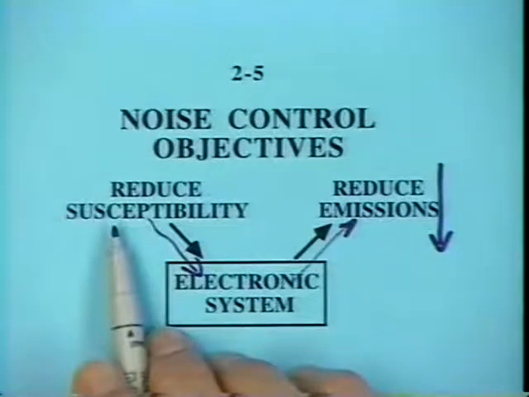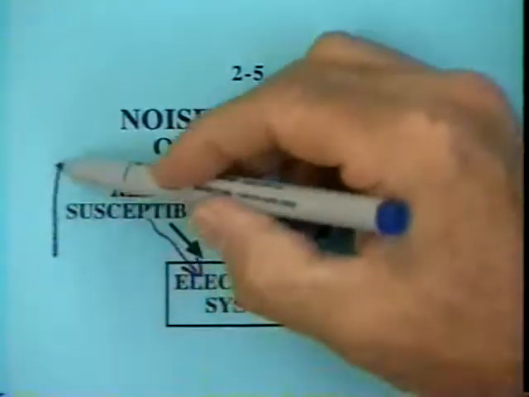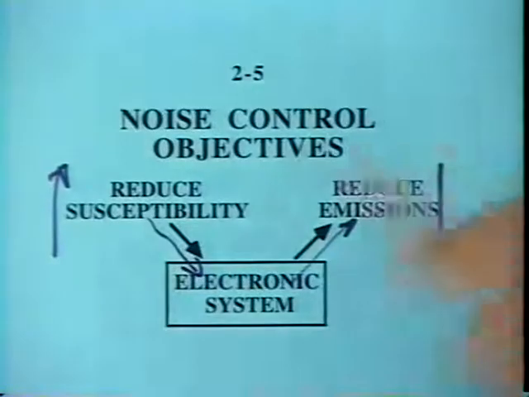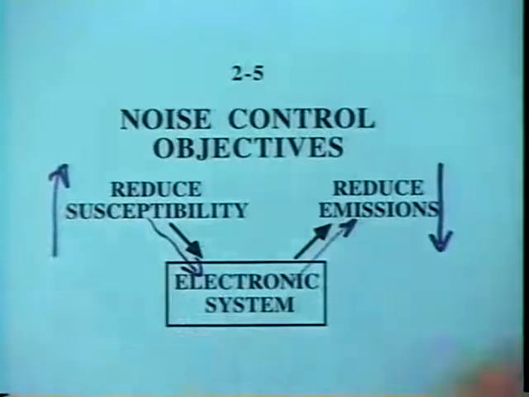We've reduced the noise margin, so we probably have increased the susceptibility by using that technique. That's a good reason why we need to understand these electromagnetic compatibility issues. We need to know that when we do something, if it's reducing emissions, but at the same time it's increasing susceptibility, that may not be a very good solution for us in the long run. So particularly if we're not aware that the susceptibility has been increased, that could be a serious matter.